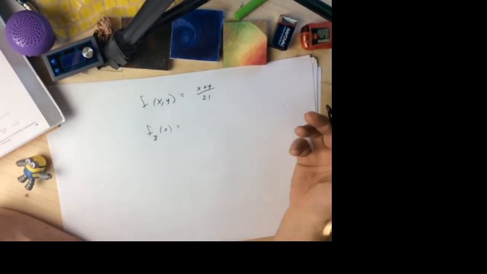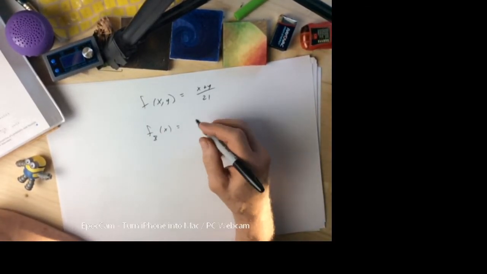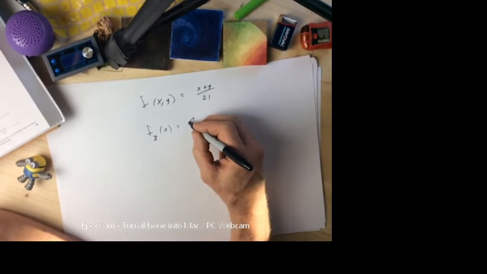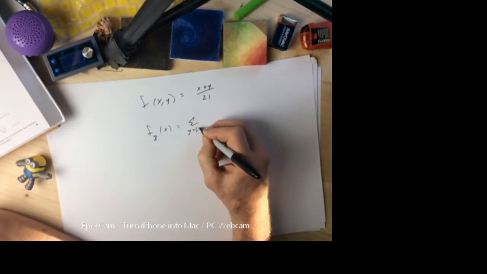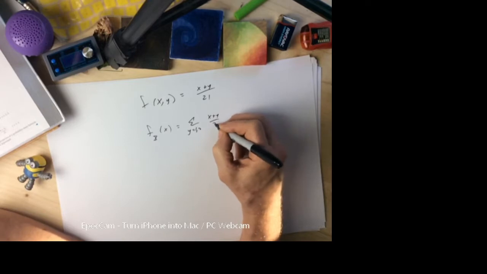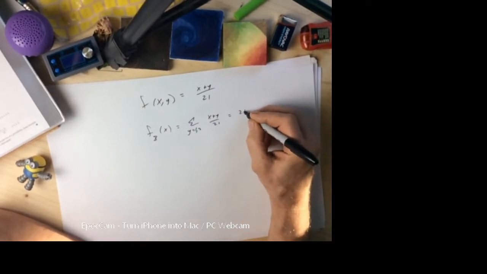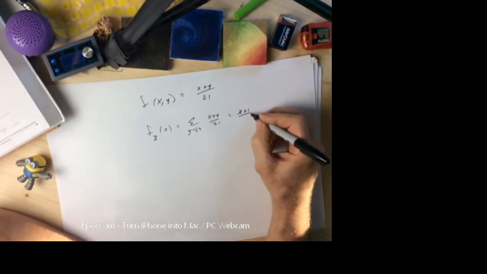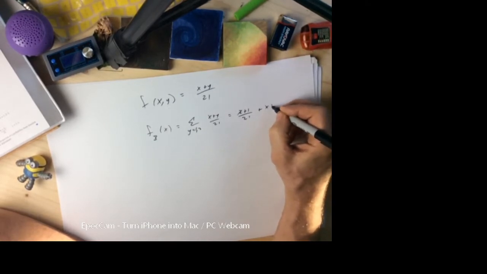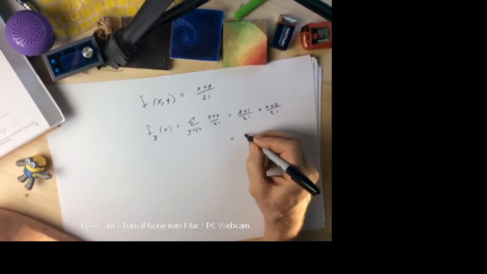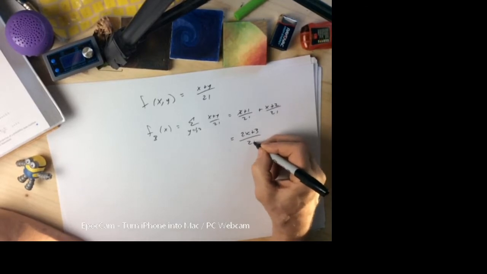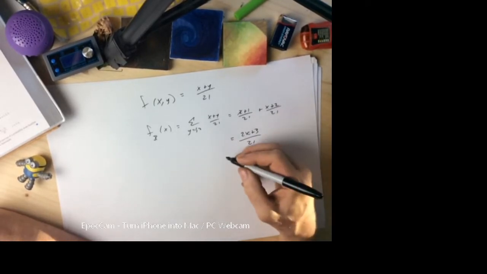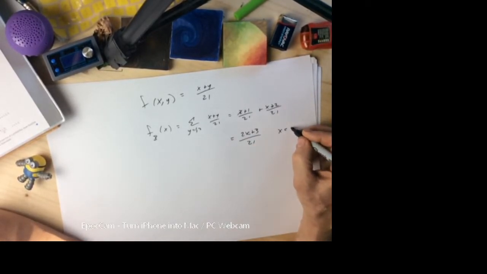Now, x is going to vary over 3 different values, but the y is the one that we sum over, so we sum over y equals 1 and 2 of x plus y over 21. Well, that'll be x plus 1 over 21 plus x plus 2 over 21. That is going to be 2x plus 3 over 21. And so this is for x equal to 1, 2, and 3.